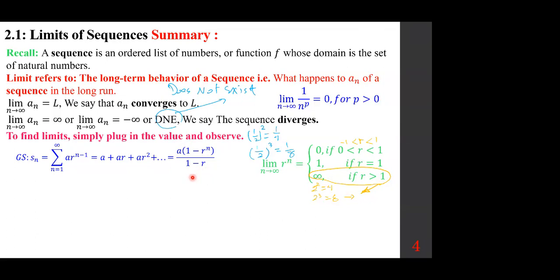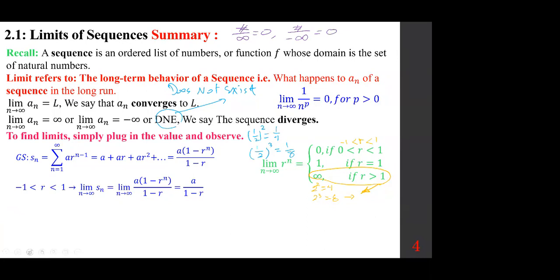Now, speaking of this one that was infinity, I want to also write the following. When you have a number, any number, over infinity, the answer is 0. If you have any number over negative infinity, also the answer is 0, okay? All right, so having said that, when r is between -1 and 1, let's see what happens.